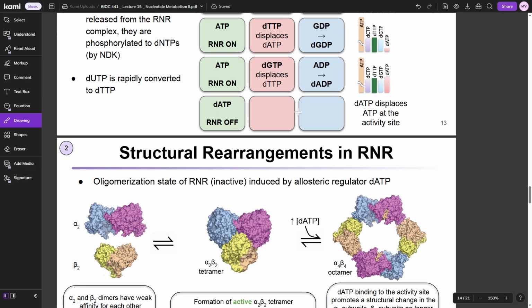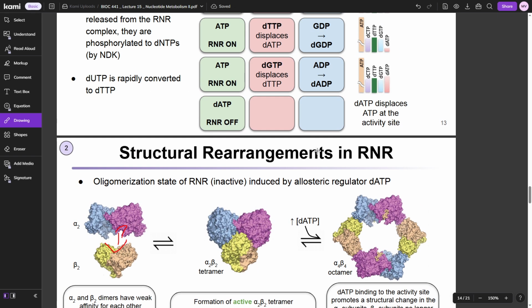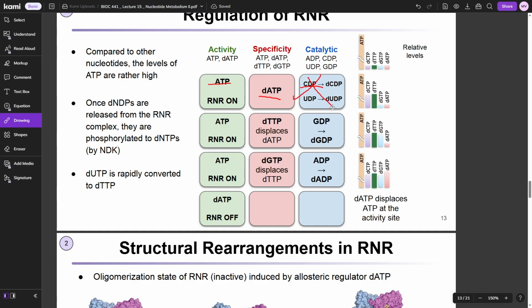Then once all three of those are bound at once, then these two will connect to each other, and then we'll start doing the reactions. But it won't do the reactions if only two of them are bound. So say that this CDP isn't bound, then it won't do the reaction, right?